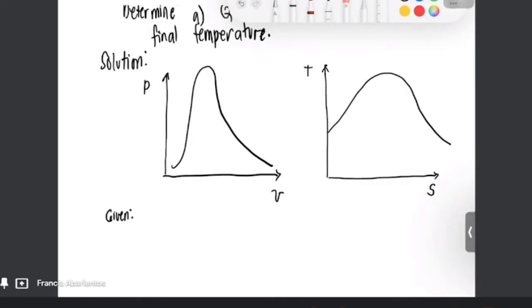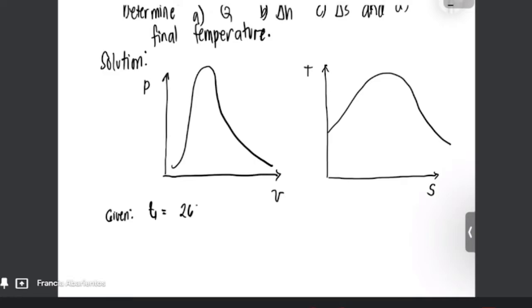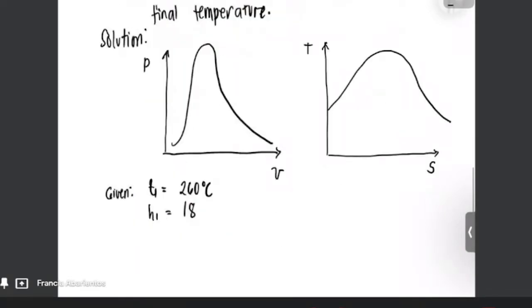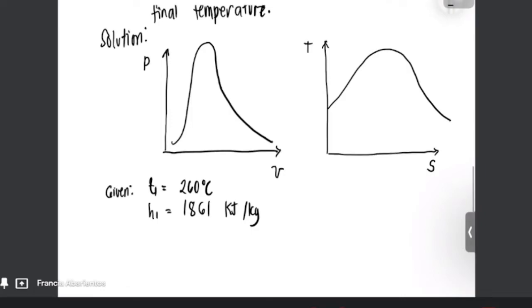Temperature at point 1 natin is 260 degrees Celsius. And yung given na enthalpy natin is 1,861 kilojoule per kilogram. If you have this, considering na nasa isang rigid container, ibig sabihin, from point 1 to point 2, constant yung volume natin. Okay?